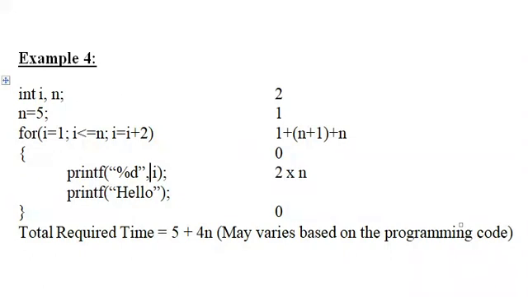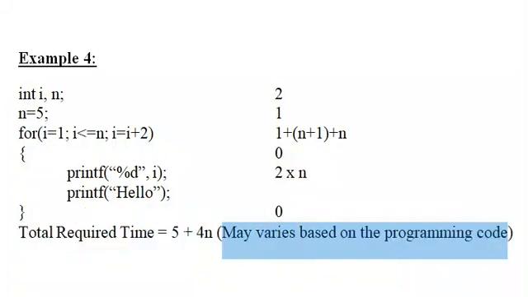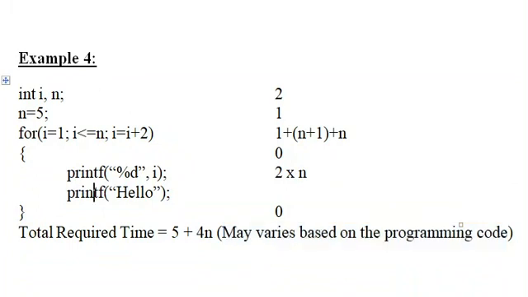So based on the programming code, this will vary, and basically this n is the number of times the for loop will run. So this is how we can calculate the time complexity for a particular loop.